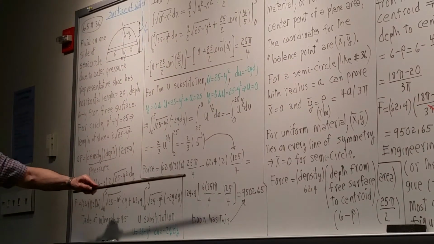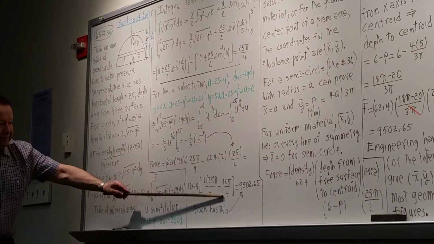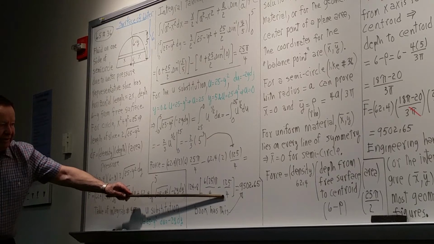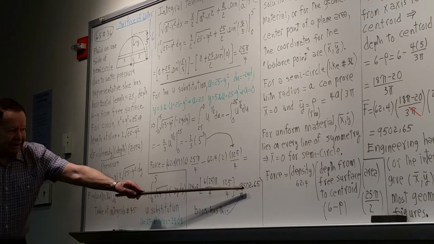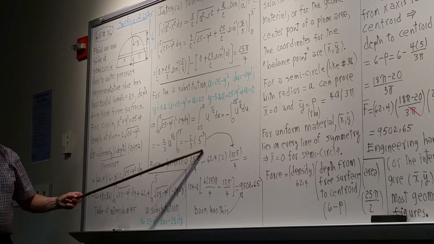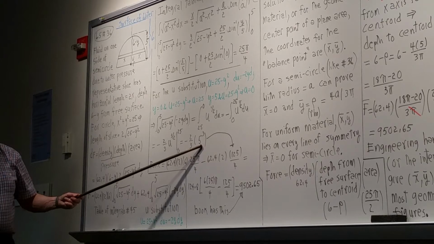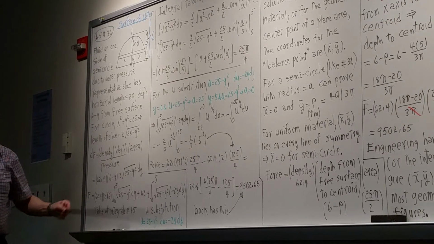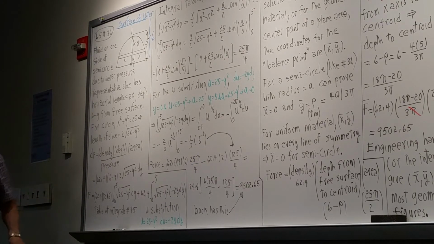the answer that's here. So if you put all this together, you end up with the book's answer. Now I'm about to show you an easier way to do a problem like this.